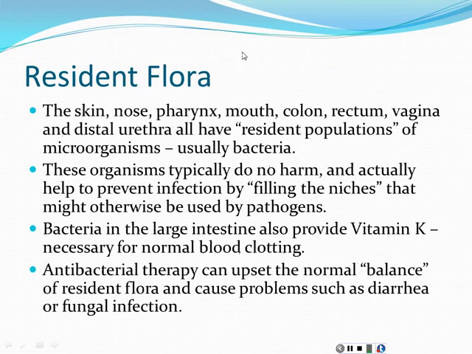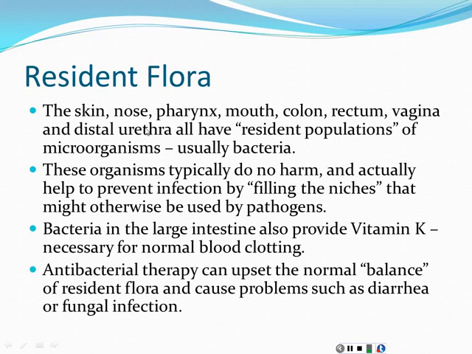All right. So in addition to the pathologic microorganisms that invade us and give us trouble, we also are host to a lot of bacteria that just live with us our whole lives. We call those the resident flora, and we talked a little bit about that in our immunology talk last time. These resident populations colonize these areas.